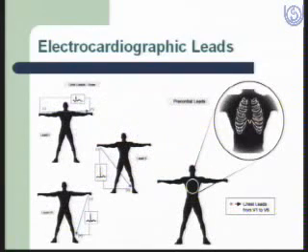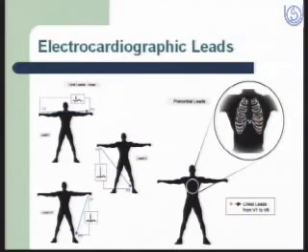So when we place the electrodes, how does the ECG record the potential? Limb leads are bipolar leads. Bipolar means it detects the difference in electrical potential between two poles. One is a negative pole and the other is a positive pole. So limb lead 1 records the electrical potential between the left arm and the right arm, in which the right arm is the negative pole and the left arm is the positive pole.